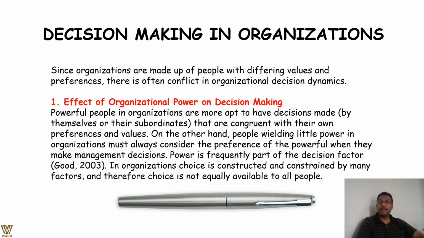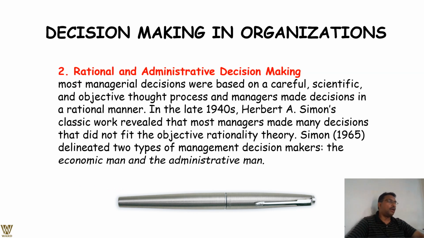On the other hand, people wielding little power in an organization must always consider the preferences of the powerful when they make management decisions. Power is frequently part of the decision factor, as stated by Good in 2003. In organizations, choice is constructed and constrained by many factors. Therefore, choice is not always available for all people.